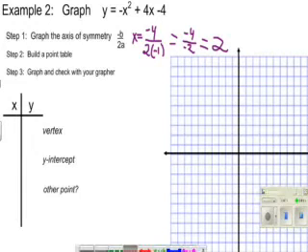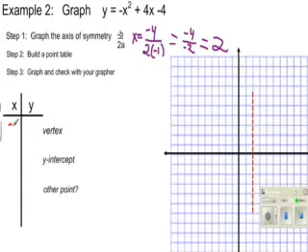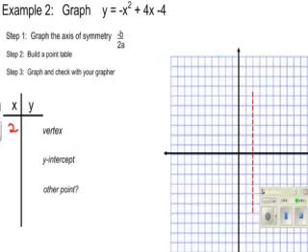Maybe I'll go ahead and graph that first. X equals 2 is here. So then our vertex is going to begin, we'll begin finding it by starting off with the idea that x equals 2. So then we go back to the original equation and substitute a 2 and calculate the y value for the vertex.